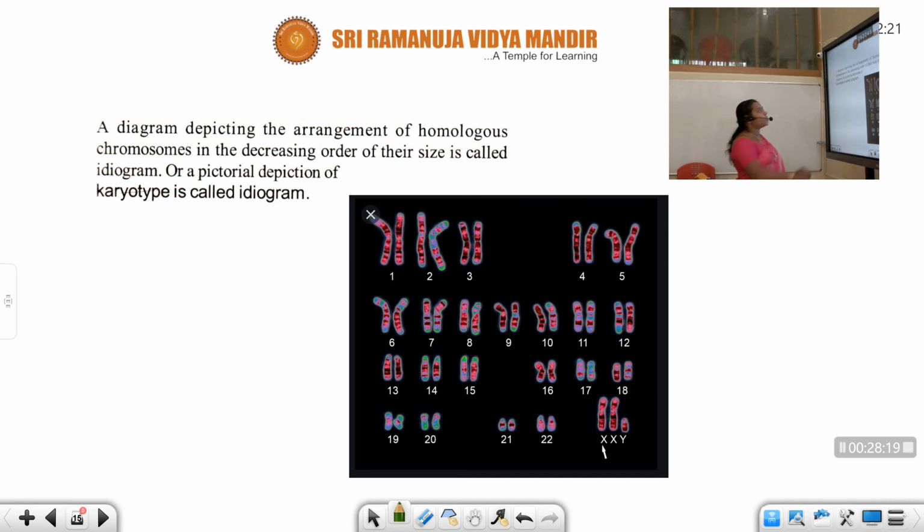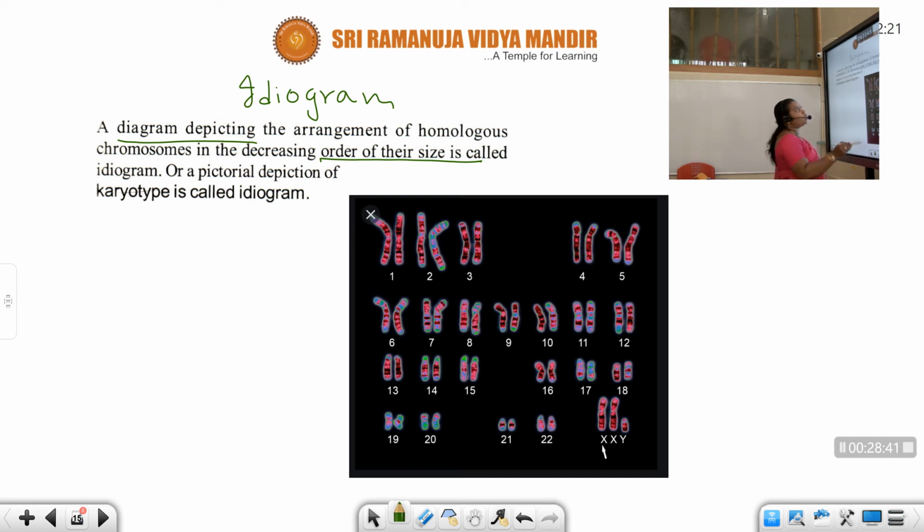Now I am going to explain the ideogram. An ideogram depicts the arrangement of homologous chromosomes in decreasing order of their sizes. So all these are the 23 pairs of chromosomes, arranged based on their sizes.